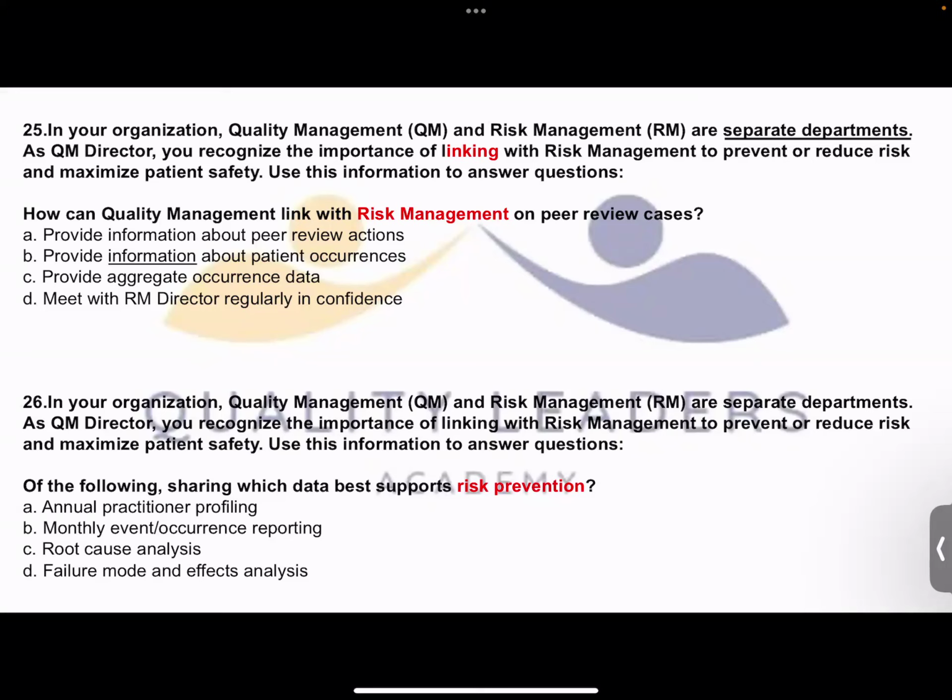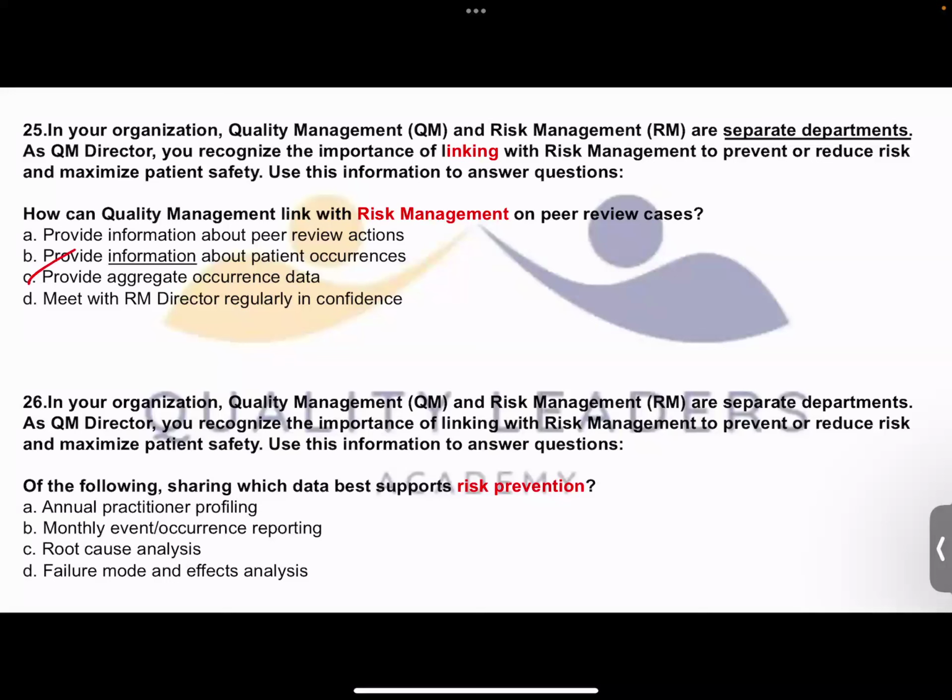This also allows both departments, the QM and RM, to identify systemic risk, address root causes, and implement strategies to improve patient safety and reduce risk across the organization. When we say aggregate data, this ensures confidentiality while offering actionable insights for collaboration. So letter C is the answer.